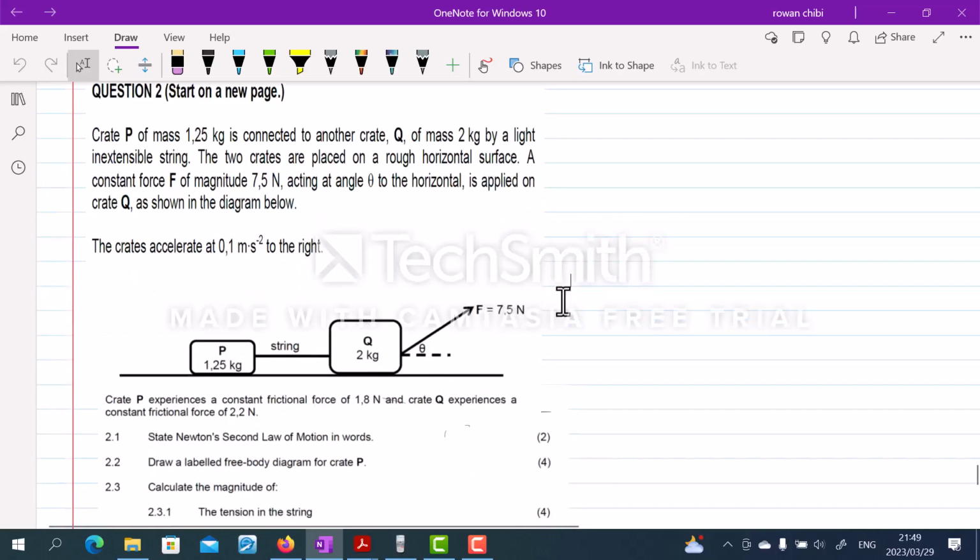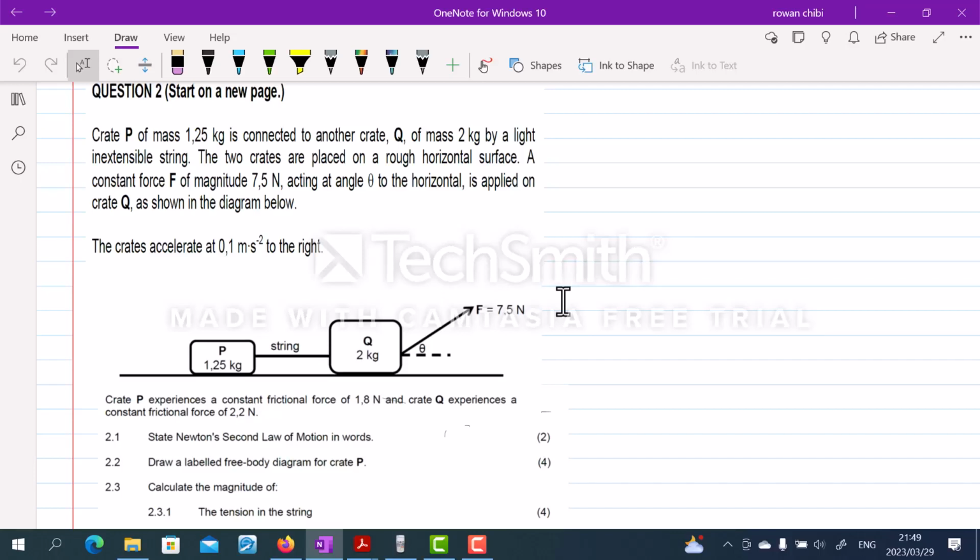So I'll read you a statement. The statement says crate P of mass 1.25 kg is connected to another crate Q of mass 2 kg by a light inextensible string. The two crates are placed on a horizontal surface.